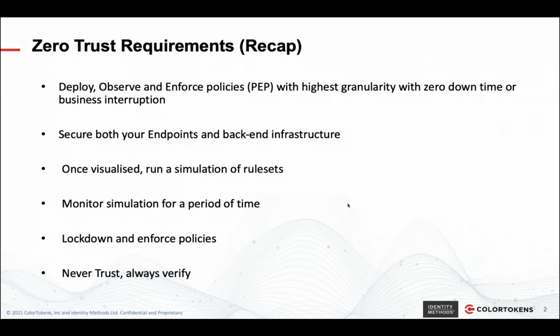So we go through that and we monitor and simulate that for a period of time. For microsegmentation, this is typically a month to 3 months of visualization and understanding what flows are happening on your network. And equally for endpoints, what I'm going to describe today is how we can go about potentially restricting capability on endpoints, but not removing or diminishing the user's ability to do his or her job correctly.